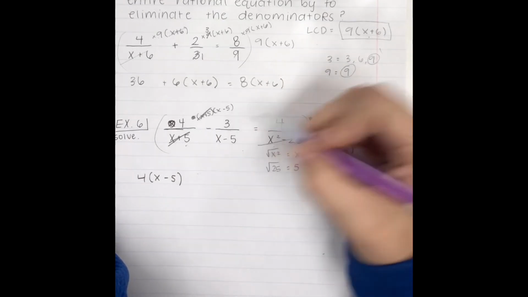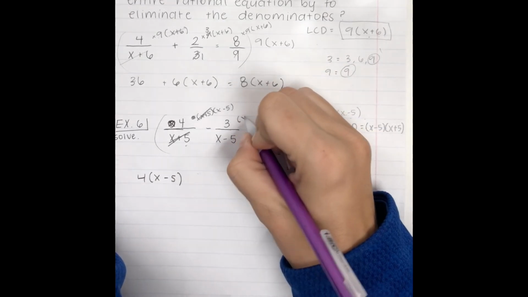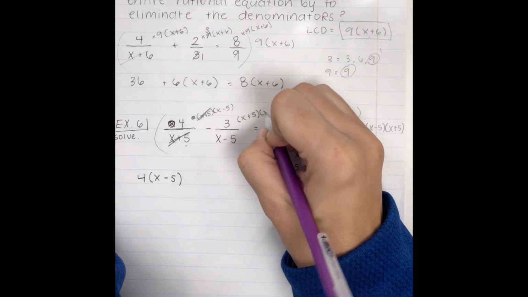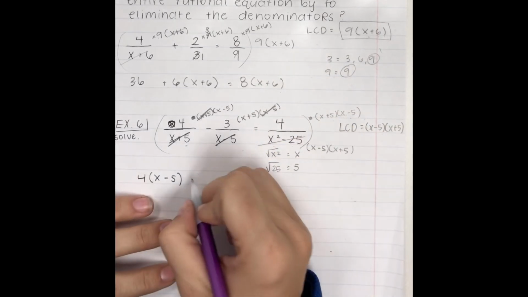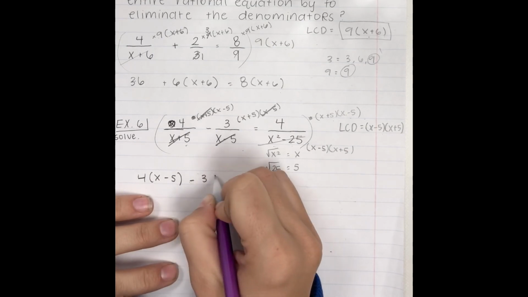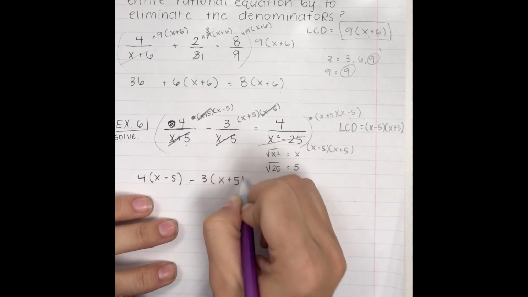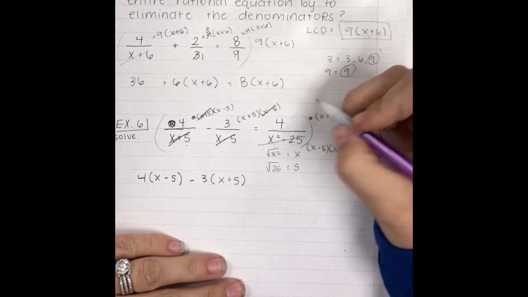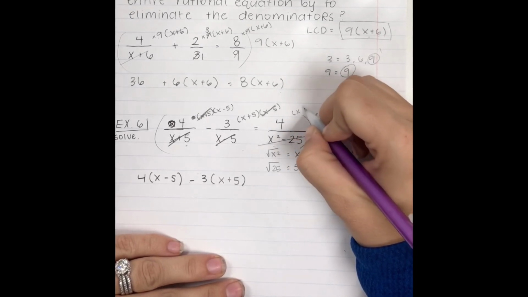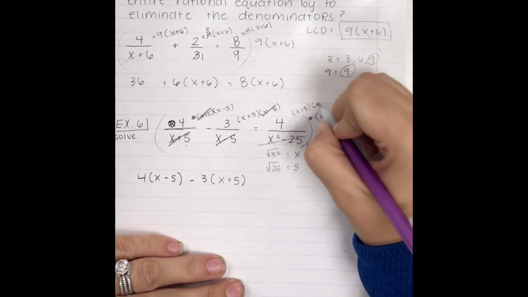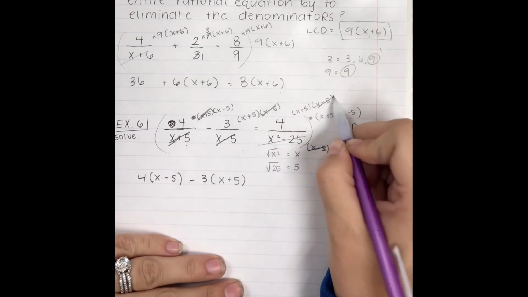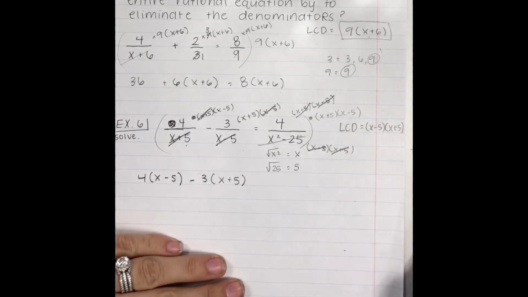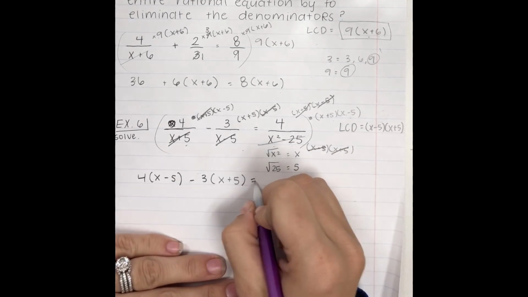And then I'm going to multiply this fraction by our LCD as well. Okay, so then now our x minus 5's cancel, leaving us minus a 3 times x plus 5. And then here, if I multiply by x plus 5 and x minus 5, x minus 5's cancel and x plus 5's cancel, leaving you just an equals 4.